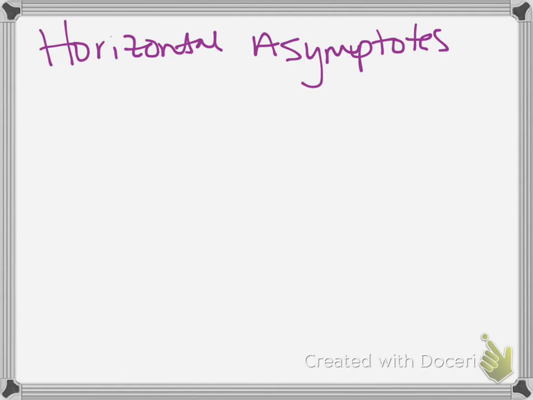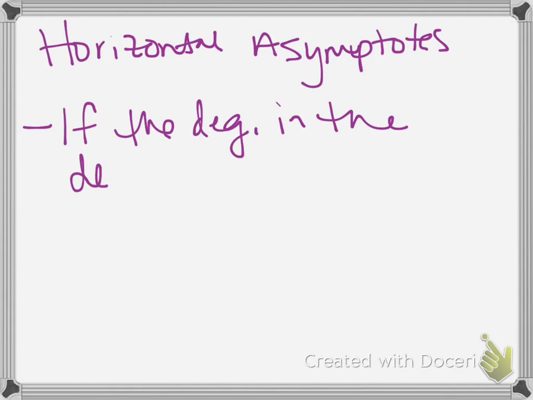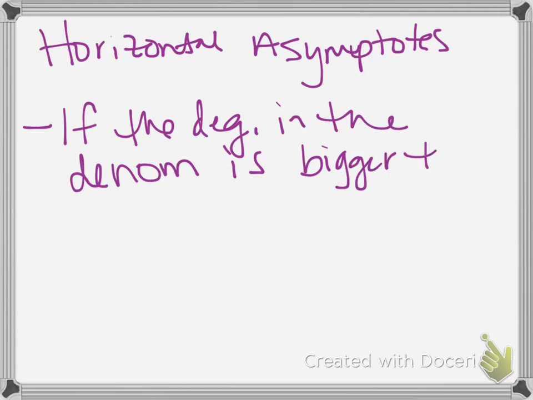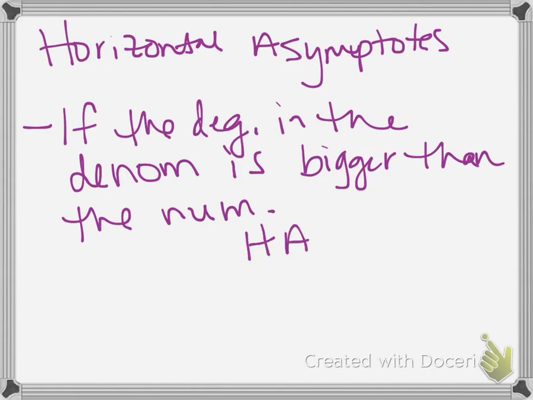And so there are 3 different types of horizontal asymptotes and how you discover them. So if the degree in the denominator is bigger than the numerator, your horizontal asymptote is going to be y equals 0 all the time.